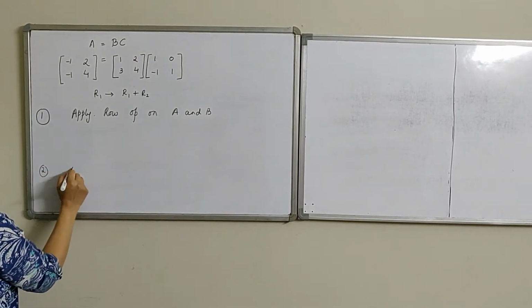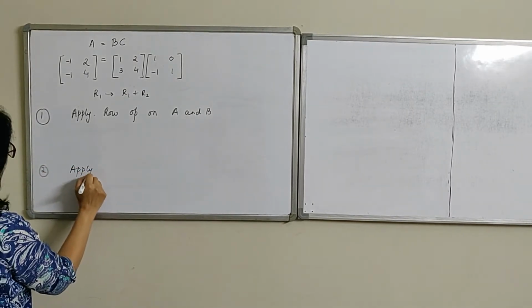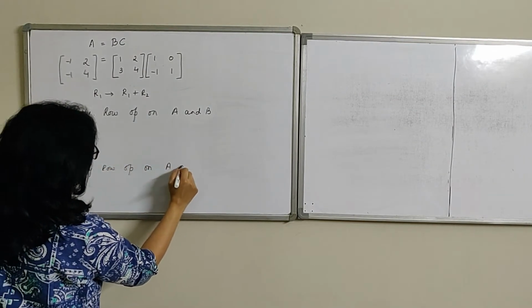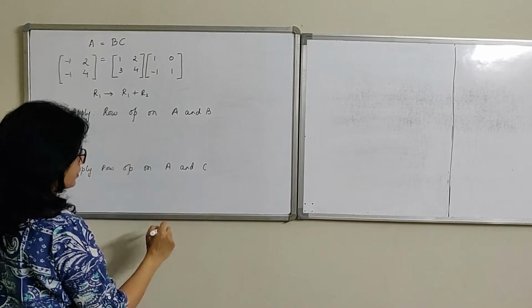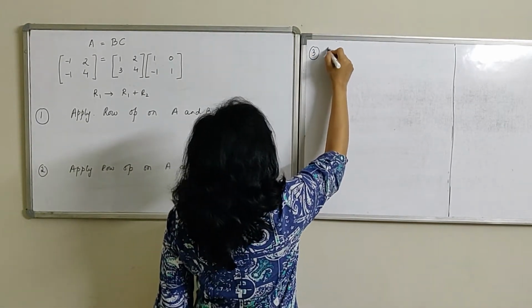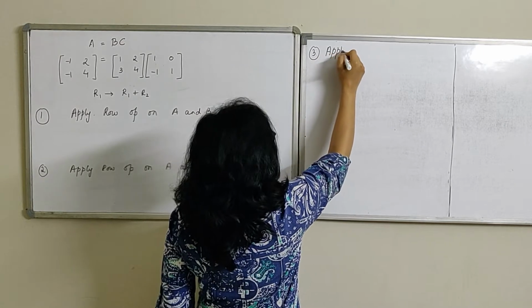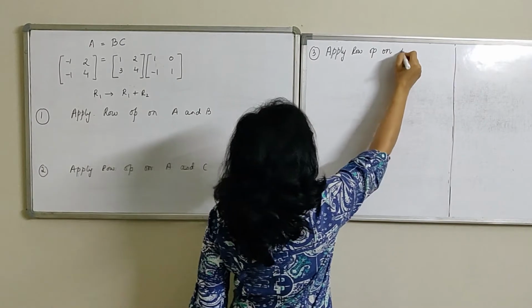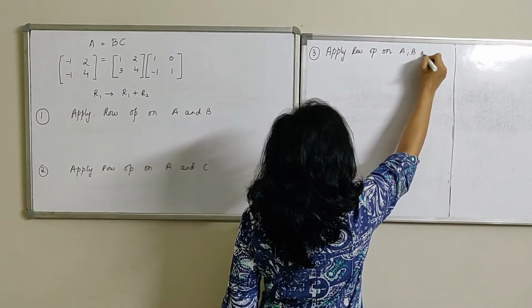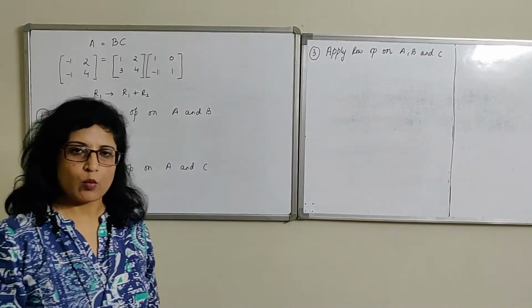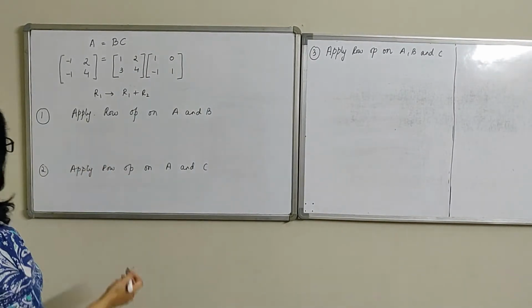A second case, we can apply the row operation on matrix A and matrix C. And there is also a third possibility to apply the row operation on all the three matrices A, B and C. So let's perform these operations one by one and see what results we get.